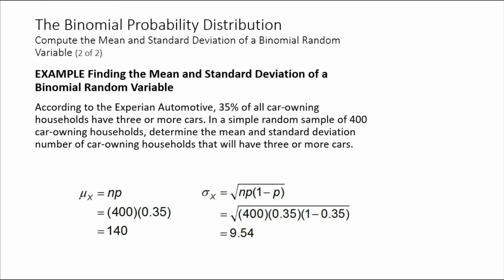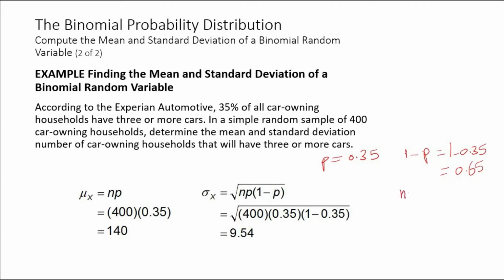Here we need to determine n, p, and 1 minus p. The probability of success is 0.35, which is households that have 3 or more cars. And then the probability of failure is 1 minus p, which is 1 minus 0.35, 0.65, or 65%.